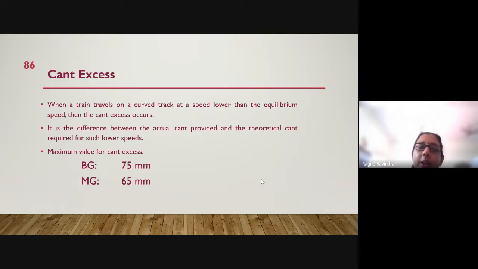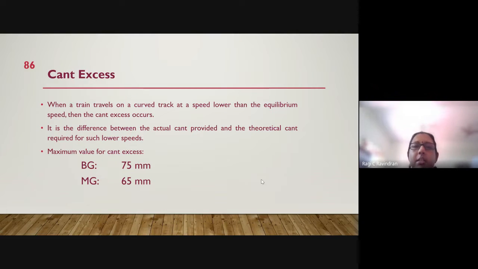Okay? So whenever a train is negotiating a curved track at a lower speed, which is even lower than the equilibrium speed, then the cant excess occurs, because for each cant the train should be traveling at a corresponding speed.